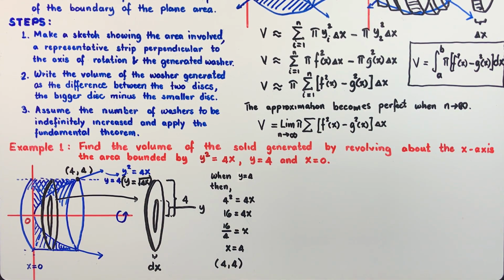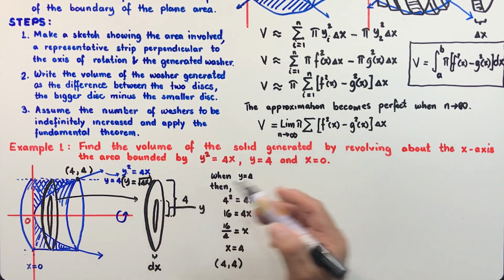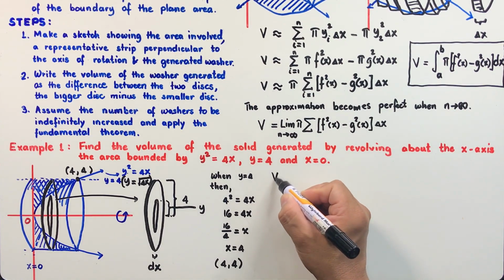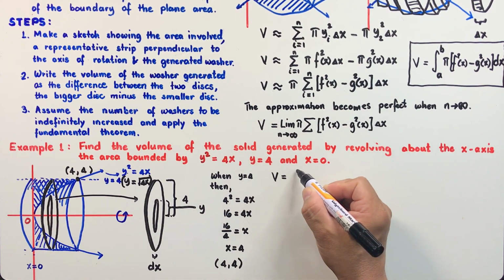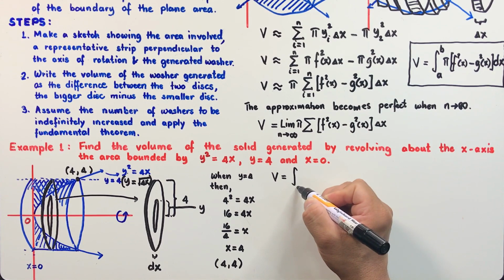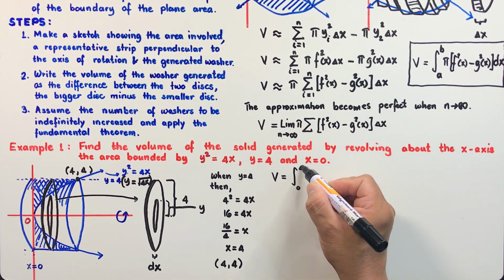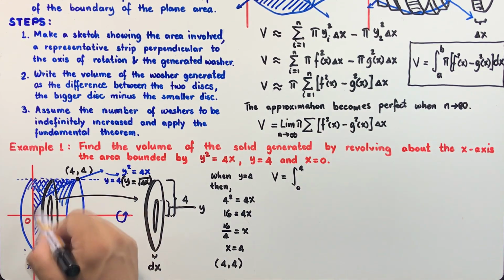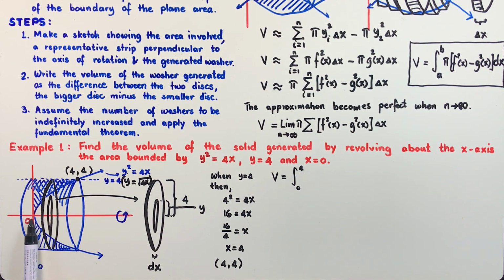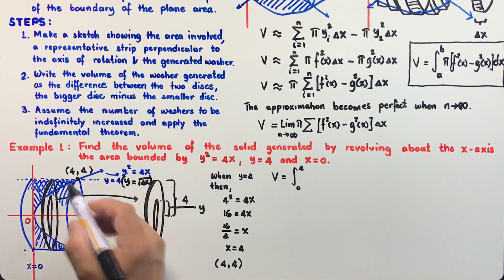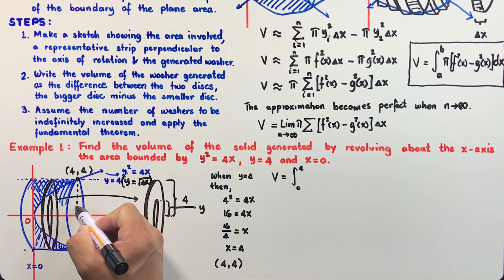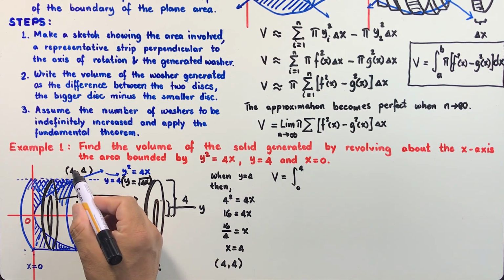Now that we have the dimensions of our washer, we can write the volume as the integral from 0 to 4 because we are slicing vertically. So we're slicing from 0 to 4, and at this point our x is 4.